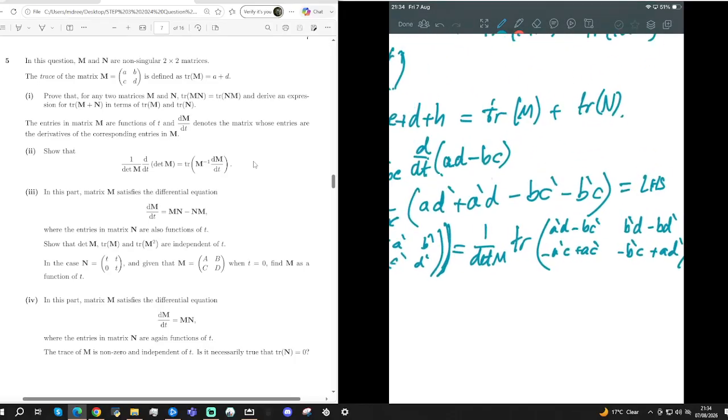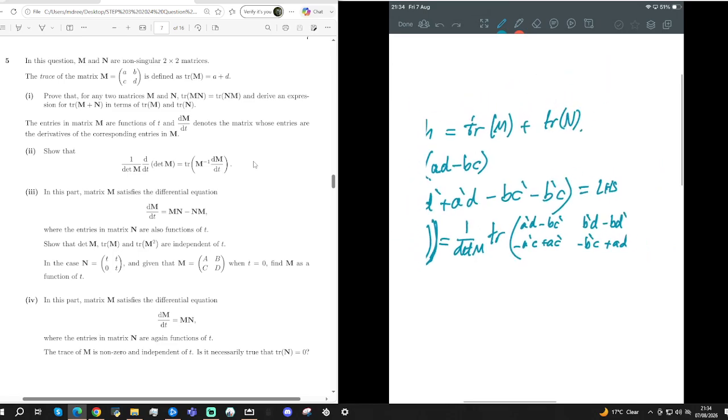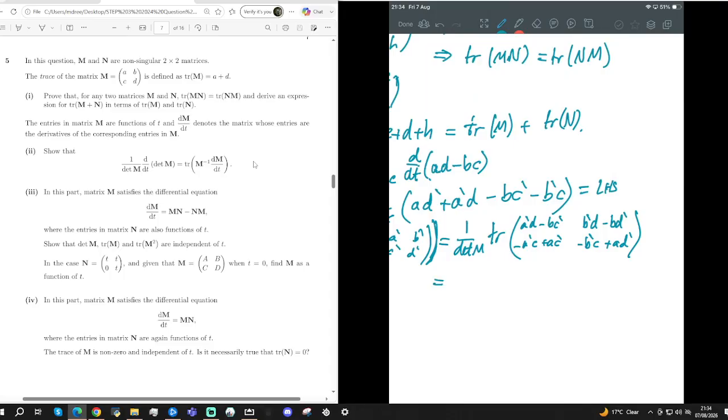I paused slightly there because I was slightly worried that this term and this term were the same, but the derivatives are on separate components, so that's all fine. So then the trace is going to be 1 over the determinant, and then add together the diagonal elements, minus B dash C plus AD dash, which is exactly what we had in the line above. If you do check, these two are identical.